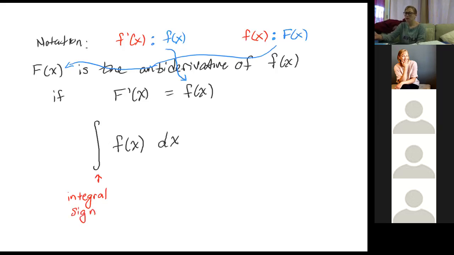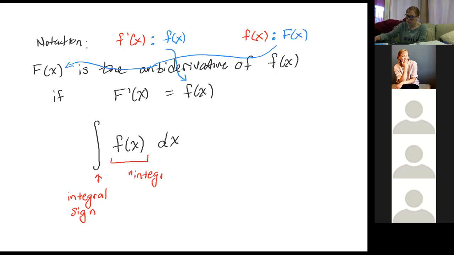And anytime it's sitting there in front of the function, just like a d/dx term tells you to differentiate, this integral sign tells you, hey, this part is a derivative. I want you to work backwards and find its antiderivative. This part we would call the integrand.